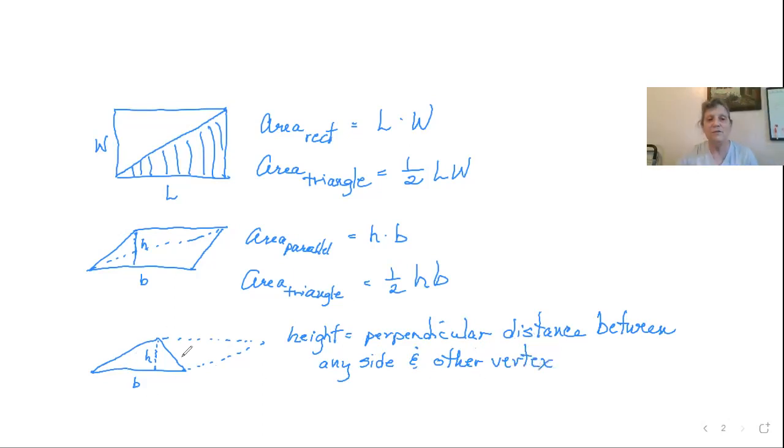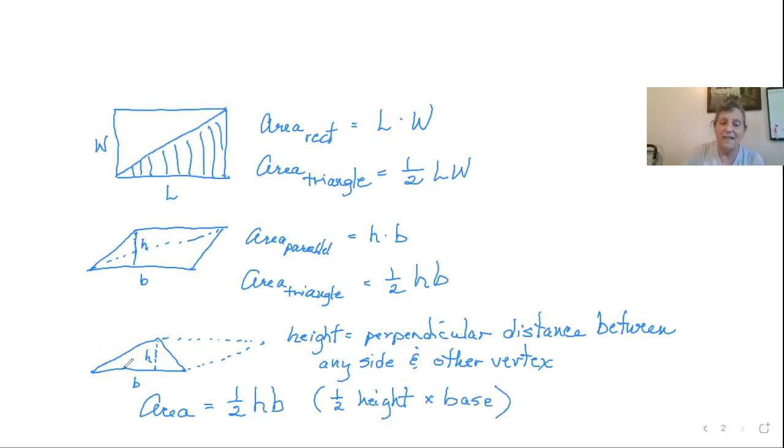And because if you double that, it's going to make a parallelogram, then the area of any triangle is going to be 1/2 the height times the base. 1/2 the product of the height and the base.